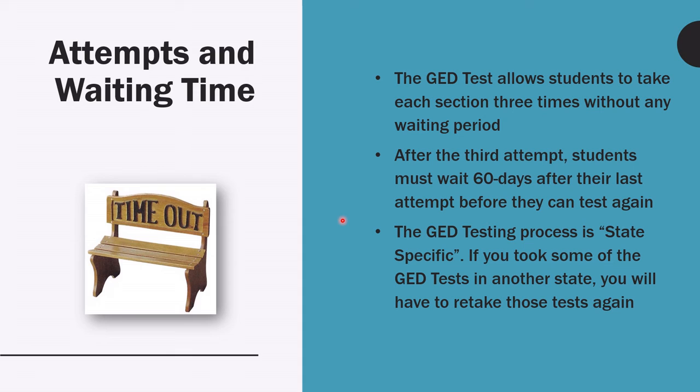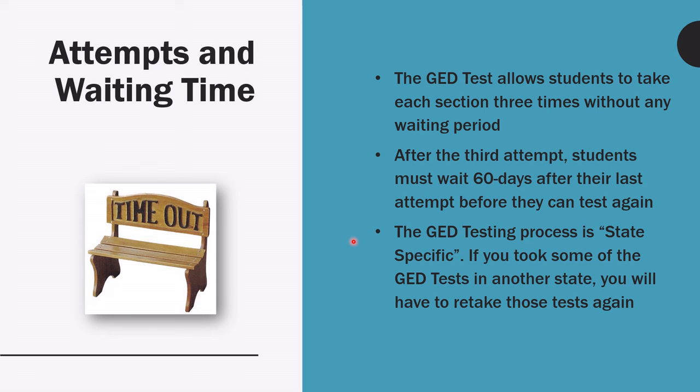What's going to happen on the third time? On the third attempt, my friends, you're going to be on what we call timeout, and the GED Testing Service may make you wait 60 days after the third failed attempt for that section only, per section.